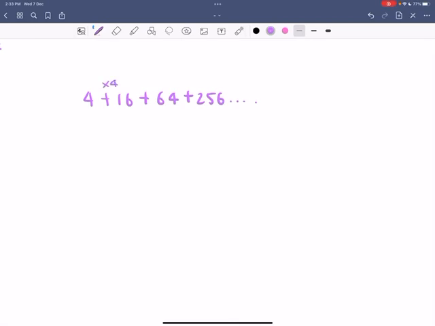So we know the general term would be 4n. And so we write n equals 1. Because it's a dot, dot, dot, that means you're going up to infinity, because it didn't tell you how many terms you're going. So that's the answer.